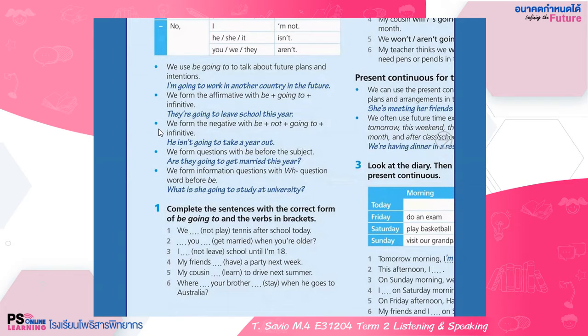We form the negative with be plus not plus going to plus infinitive of the verb. Example, he isn't going to take a year out. We form questions with be before the subject. Are they going to get married this year?